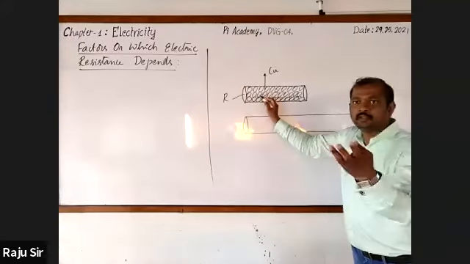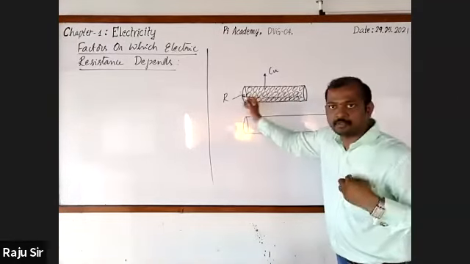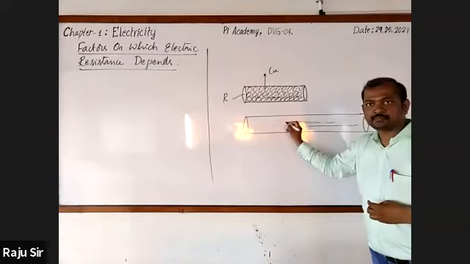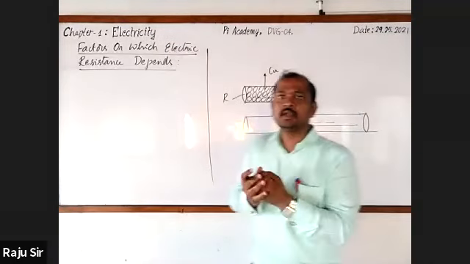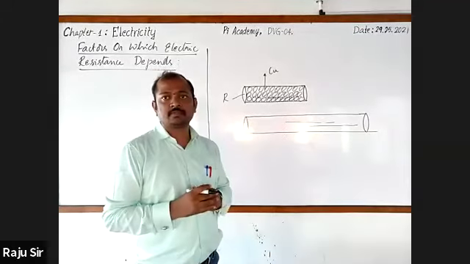The only difference is length. Here, electrons are traveling and experience opposition from the atoms. Here also, electrons will be flowing and will too experience opposition to their movement by the atoms.